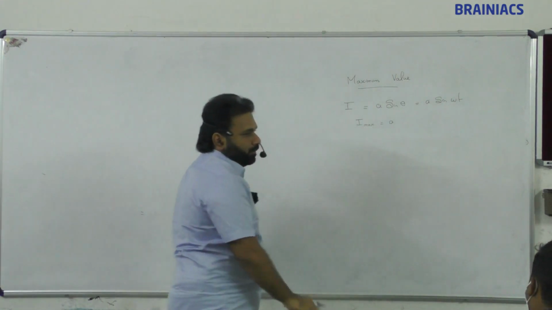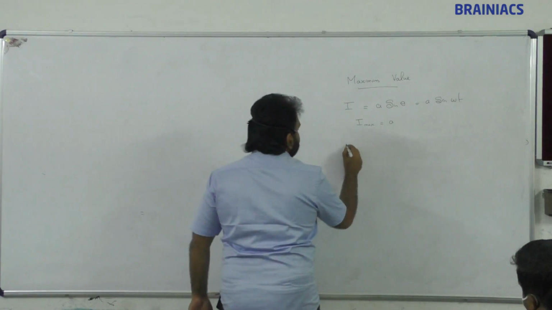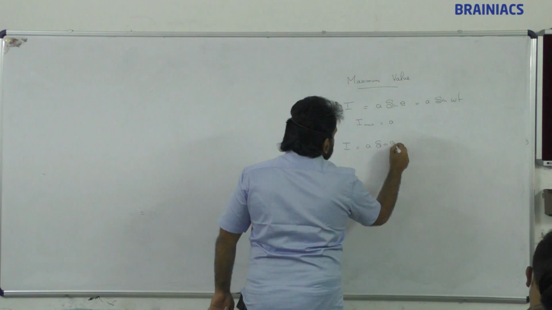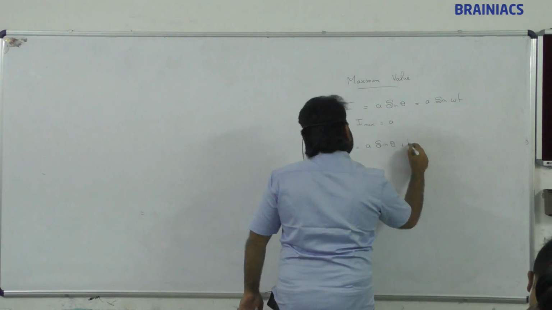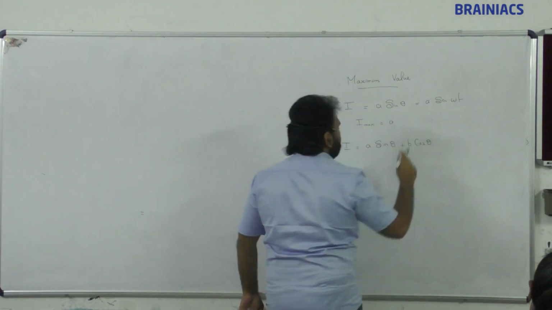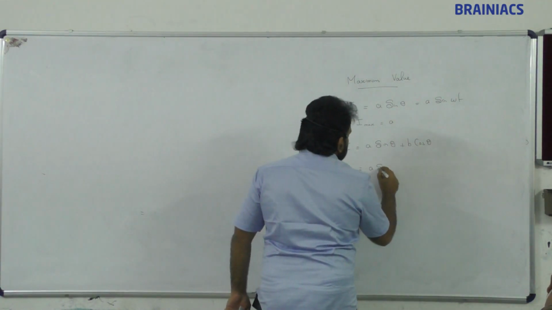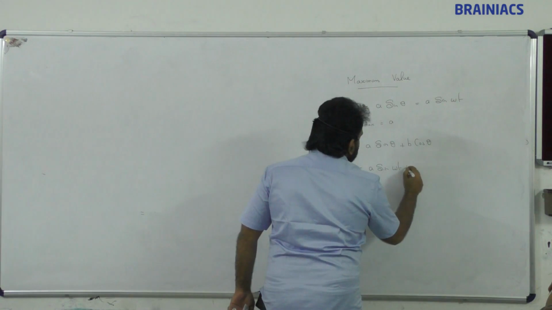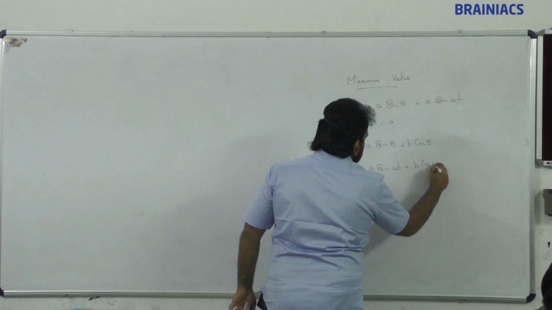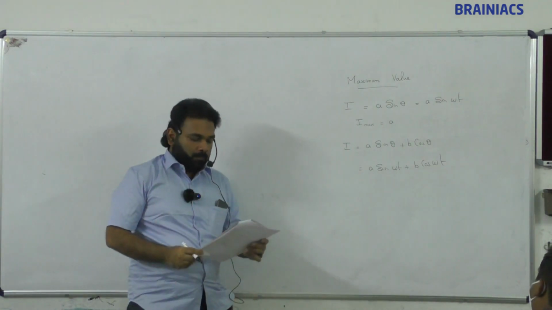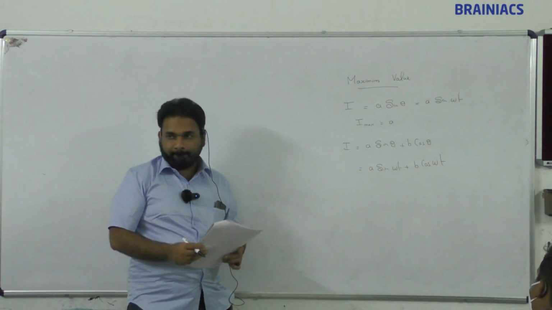A. Suppose we are getting I is equal to a sin theta plus b cos theta, or a sin omega t plus b cos omega t, then what will be the maximum value? Any idea? Those who know can say that.